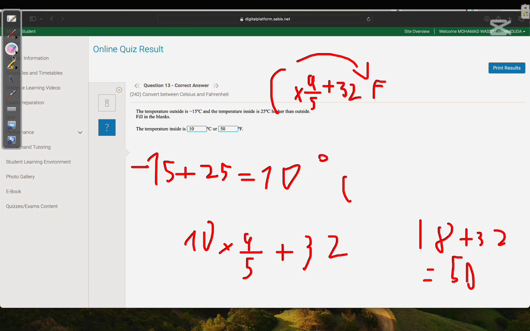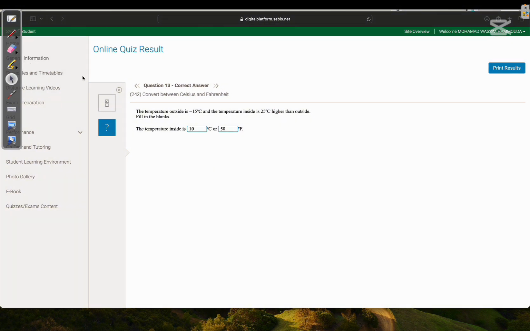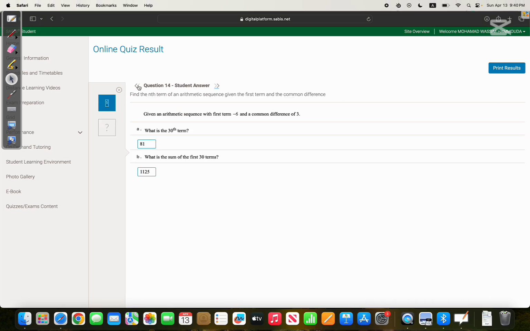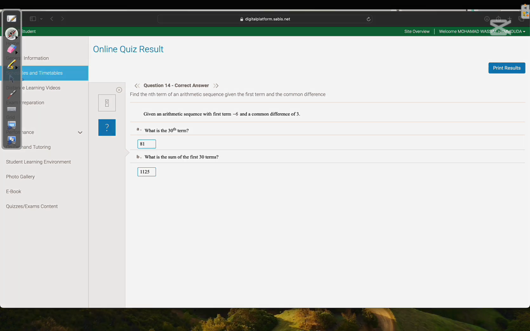Okay, so number 14 now. Given an arithmetic sequence with first term -6 and a common difference of 3. Okay, so now un is equal to again u1 plus n minus 1 times d.